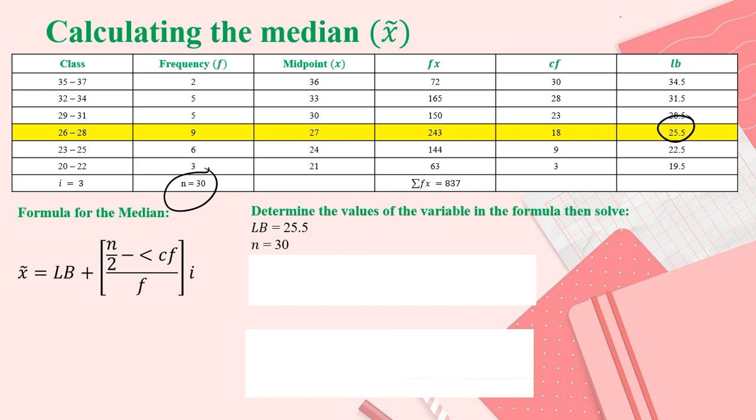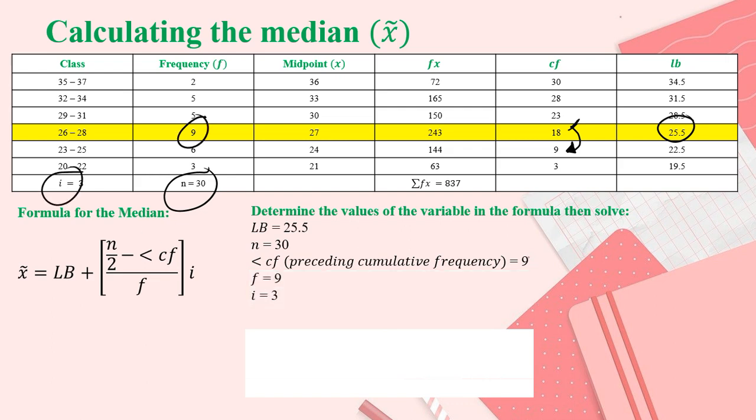And then, less than CF po. Si less than CF naman, di ba ito yung CF mo? Para makuha mo siya, yung less po sa kanya. Yung sumunod po na less sa kanya, which is 9. And then, of course, ang frequency po natin, 9, and our I, which is 3.